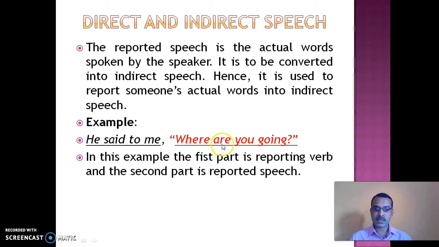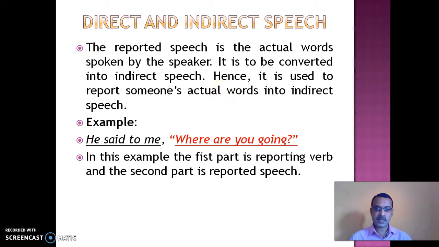And again, there are some changes of pronouns like you, I, he, she. The changes are according to the reporting verb. So, at first we need to understand the various types of rules related to the direct and indirect speech.